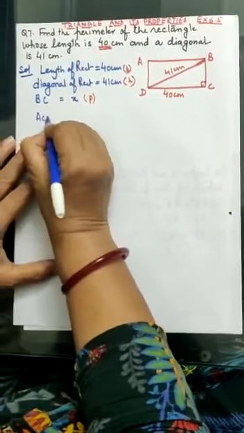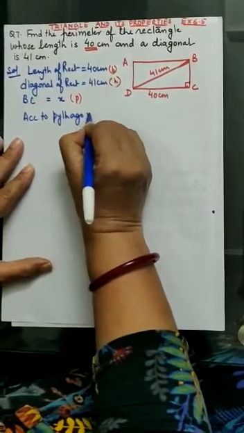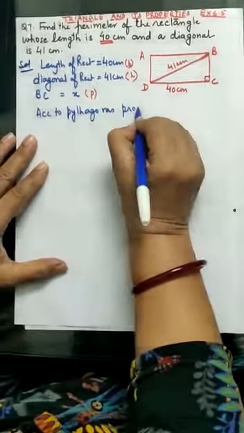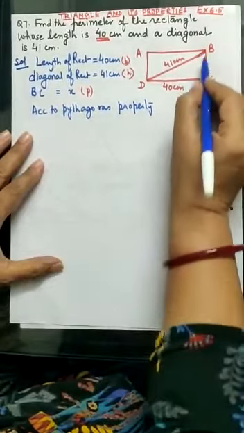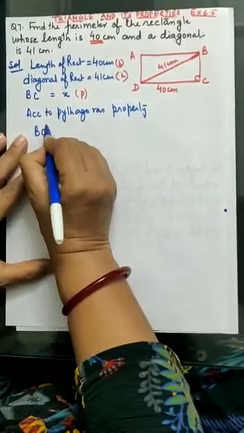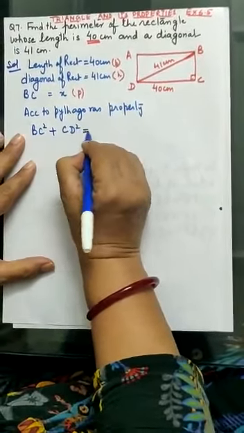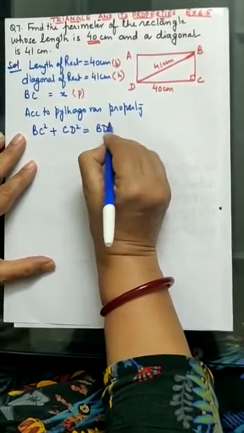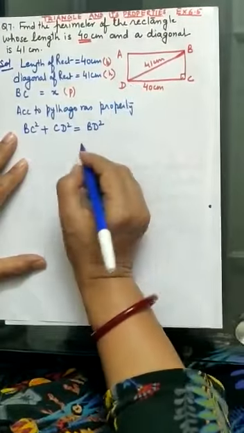Okay, so now according to Pythagoras property, this BC square plus CD square is equal to BD square. Square of the hypotenuse is equal to square of the perpendicular and square of the base.